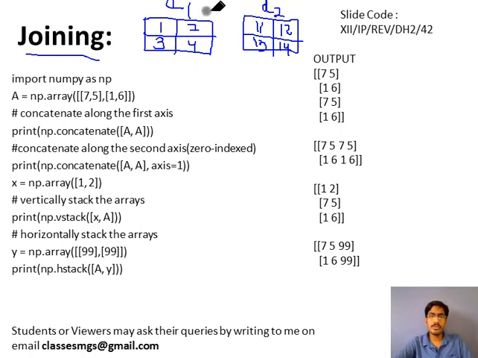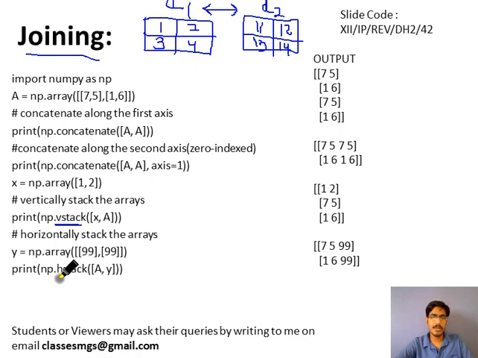Now if we want to join these two arrays, we can join them either horizontally or vertically. So these are the two operations possible for joining.